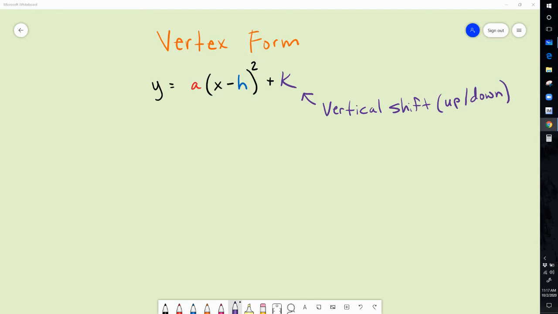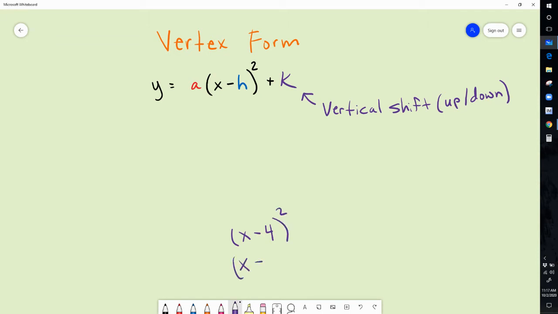All right, so I want you to look at this equation and realize that it says x minus h. Okay, h is the only thing that changes there, not the minus sign. So whatever h actually is, let's pretend that h is 4. If you plug in a positive 4, now it looks like that, right?